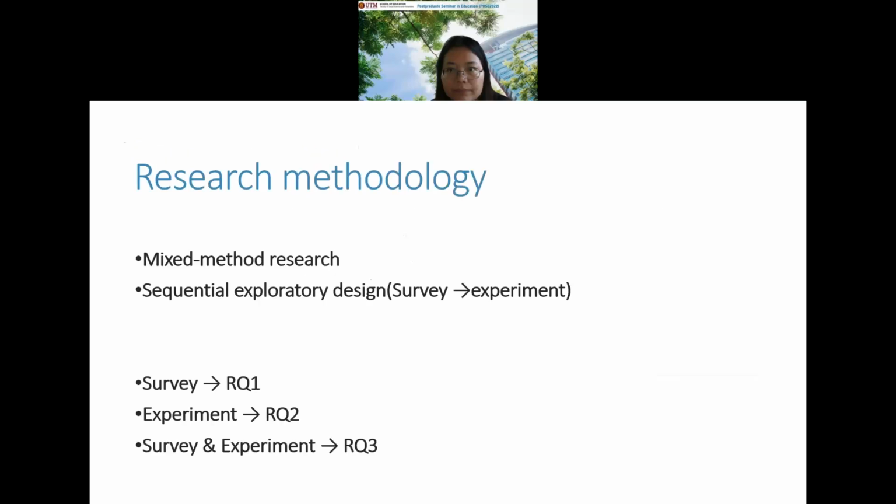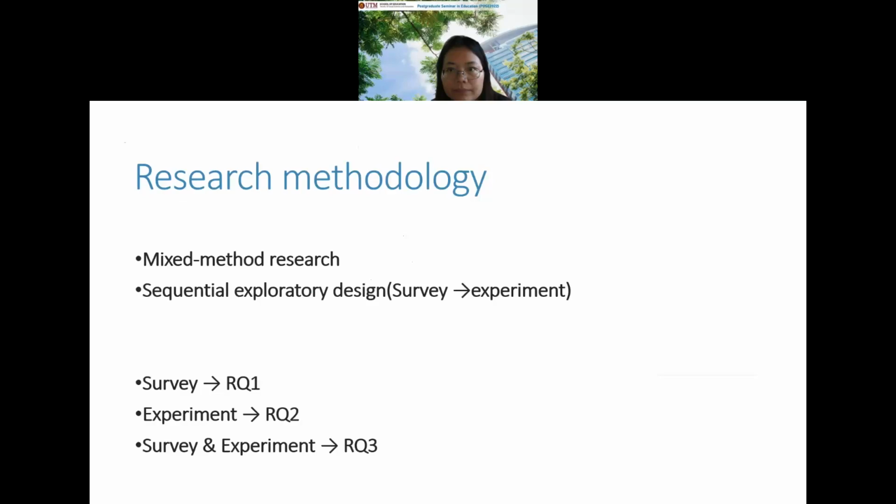Now, for the research methodology, I'm going to use mixed method research and the sequential exploratory design from survey to experiment. The survey is used to answer the first research question about the overall, existing picture.